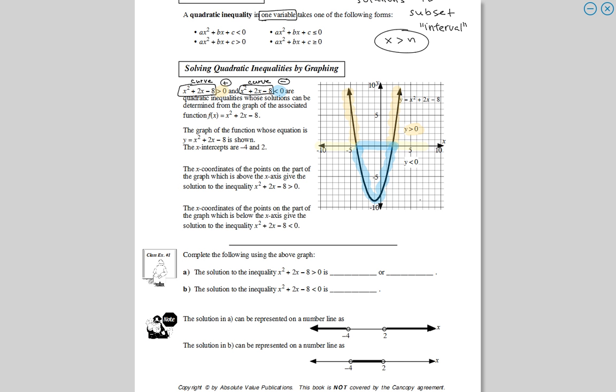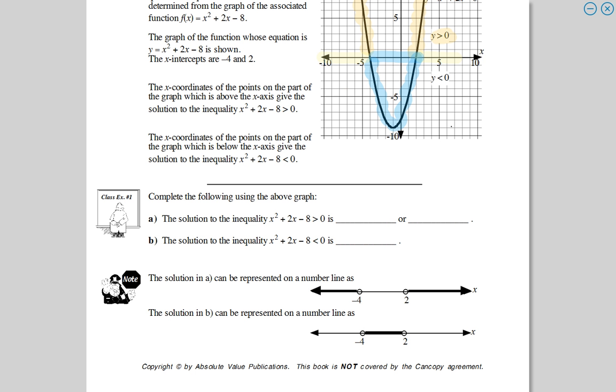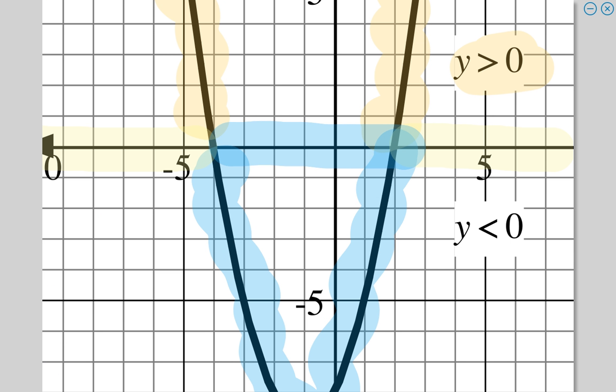Okay, so let's take a look at class example 1. It says, complete the following. The solution to the inequality x squared plus 2x minus 8 is greater than 0 is, well, first of all, we need to know where it is 0. So what are the solutions for the x-intercepts? Is it negative 4 and 2?